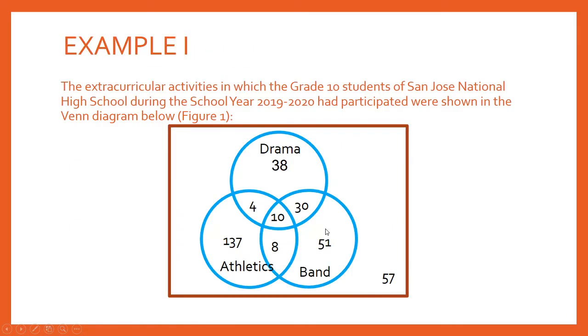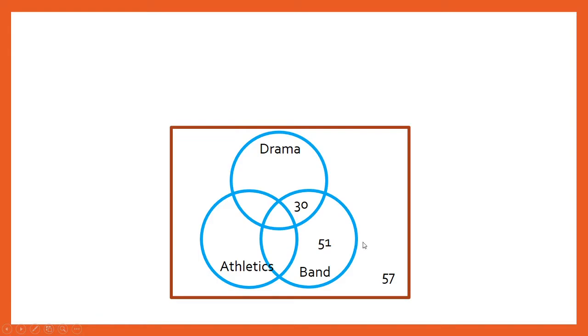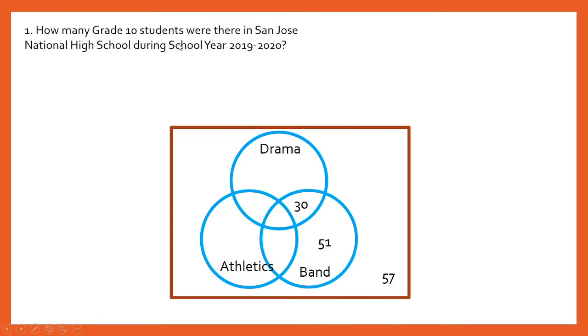To begin with, let us have example number 1. The extracurricular activities in which the grade 10 students of San Jose National High School during the school year 2019-2020 had participated were shown in the Venn diagram below. How many grade 10 students were there?